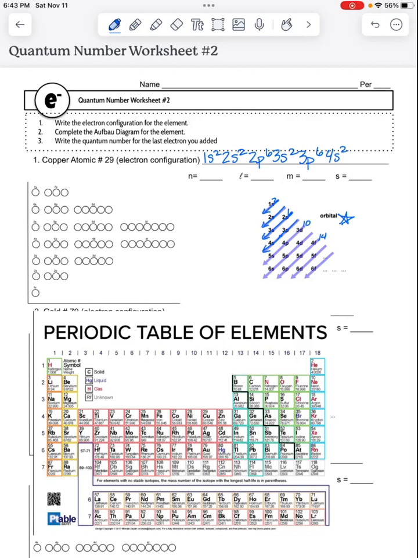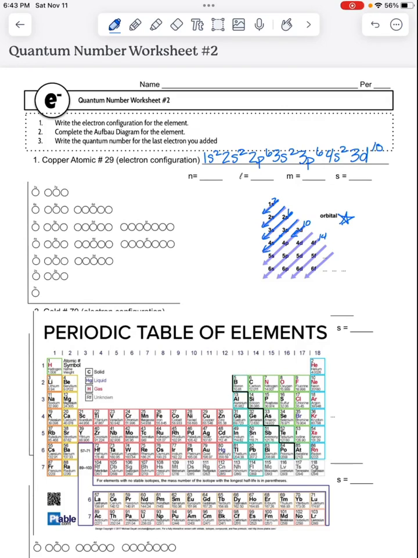And I have to be getting close to my 29 here. 2, 4, 10, 12, 18, 20, right? So I am at 4s, so that means I need 9 more, and I'm going to add my 9 more into my 3d.